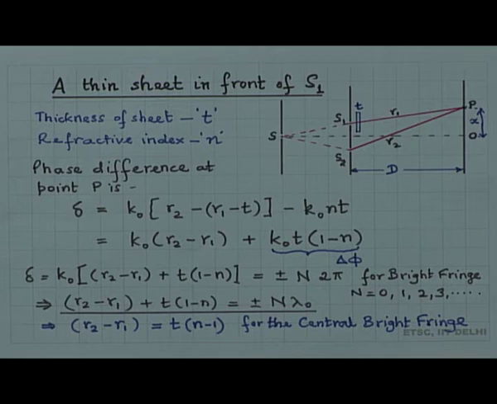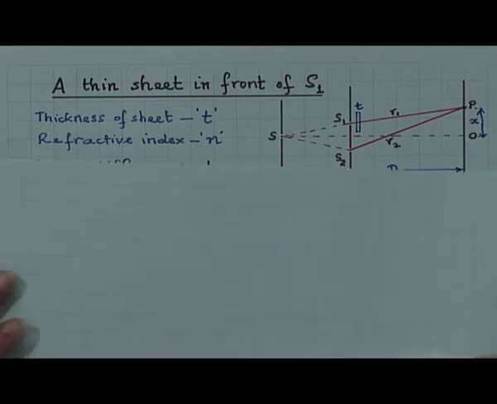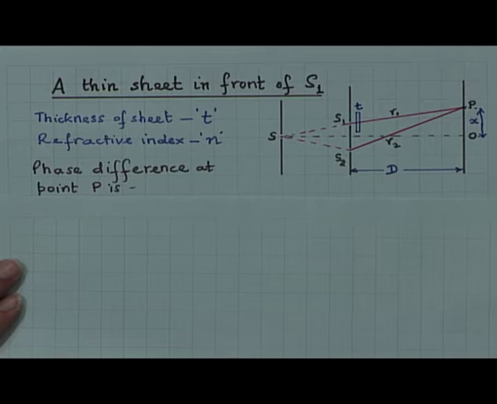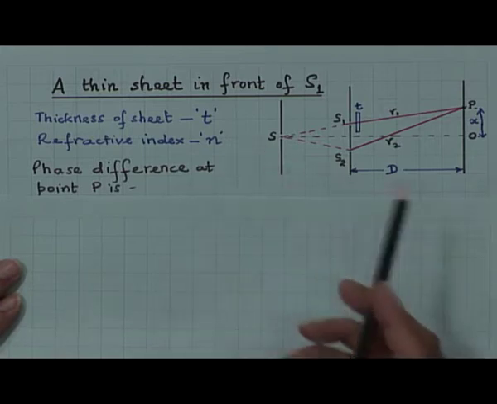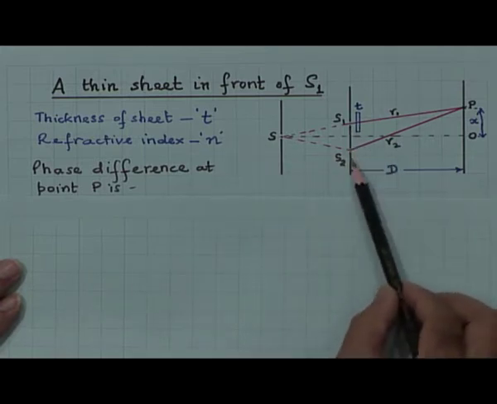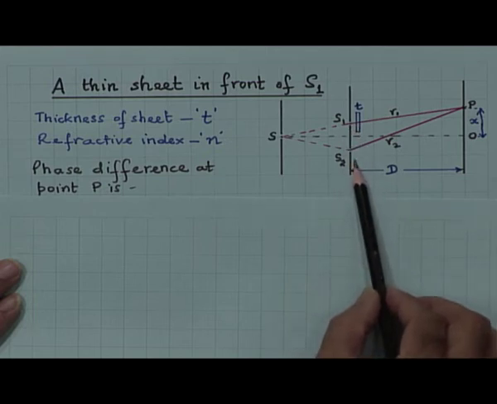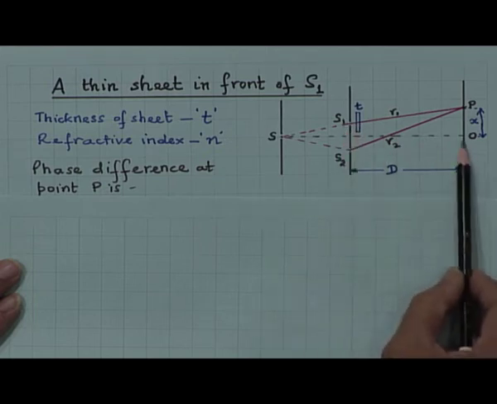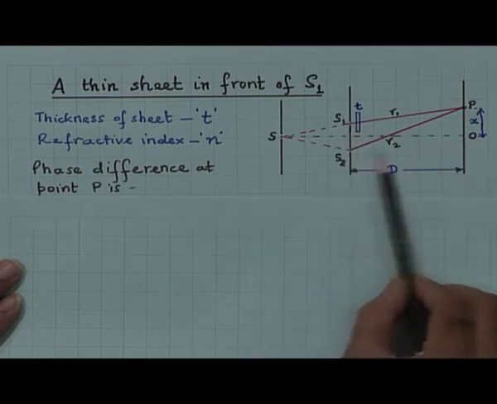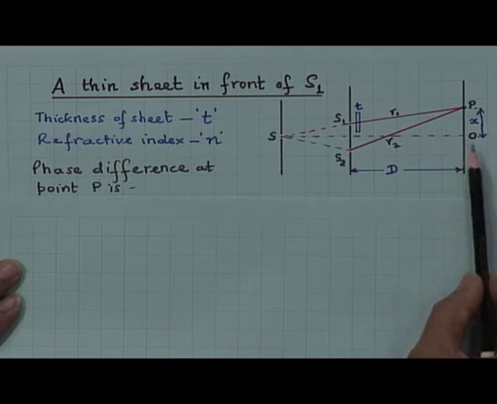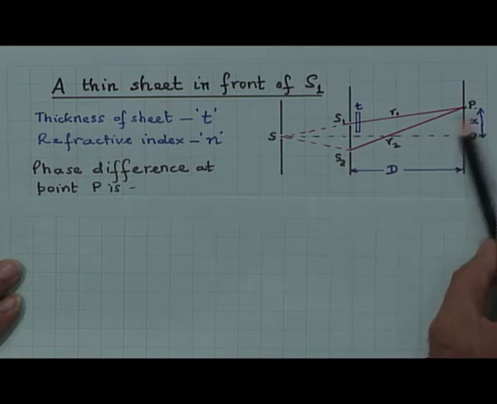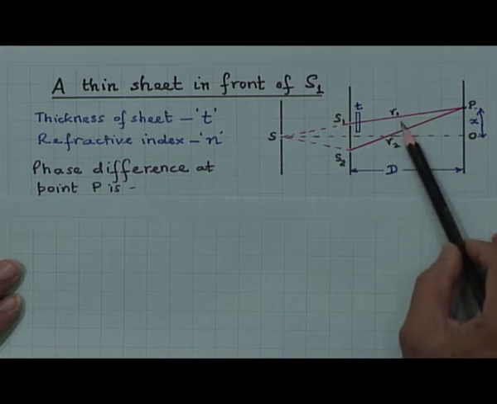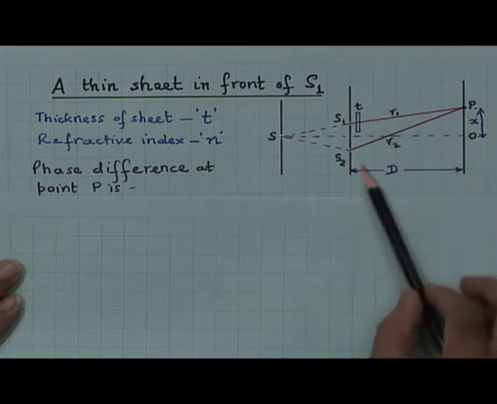Let us first see the diagram: the source and the two slits, symmetrically placed. The normal geometric path difference would be 0 at O, and the geometric path difference will be R2 minus R1, as if it were of the same medium.